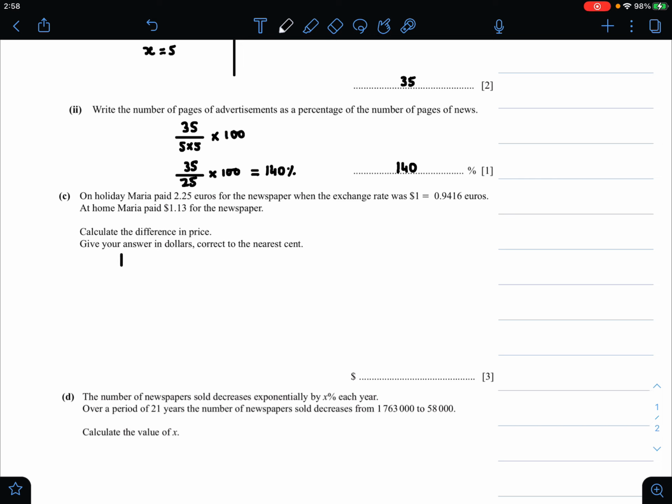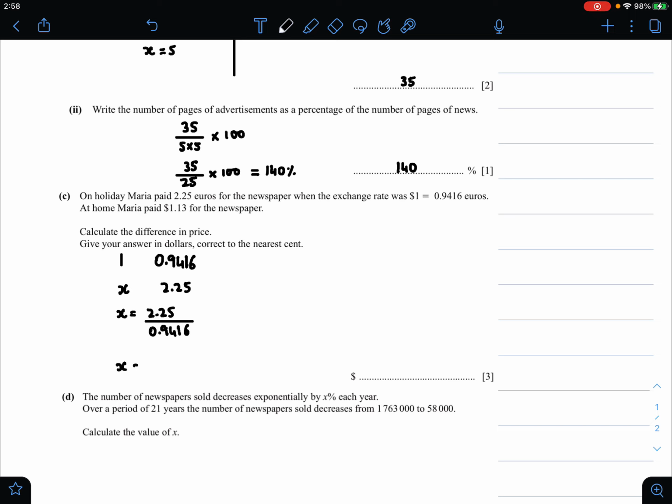Now they've told us that $1 is 0.9416 euros, and therefore we have to calculate 2.25 euros is how many dollars. So we can cross multiply. Therefore x would be equal to 2.25 multiplied by 1 divided by 0.9416.